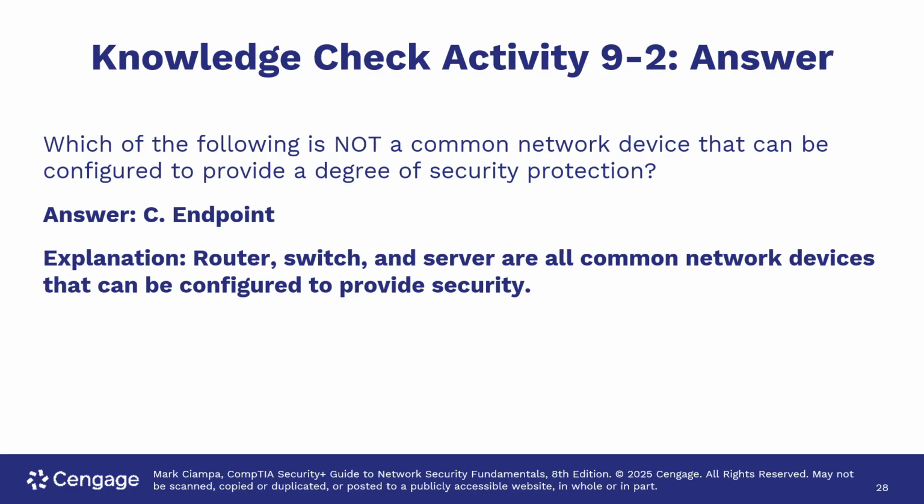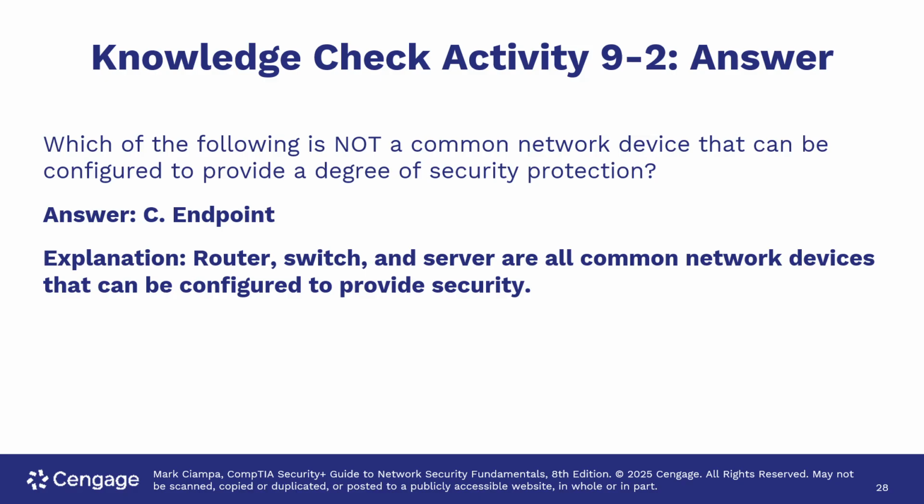Well, of all 4 of these, the answer is an endpoint. We did talk about servers, we did talk about endpoints, but the endpoint is not something that you can configure to provide a degree of security protection. It's running programs. Routers, switches, and servers are all common network devices that can be configured to provide security.